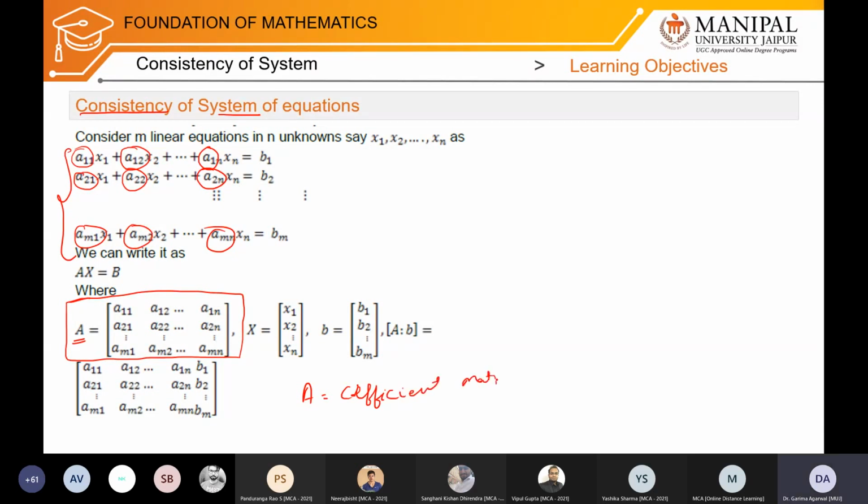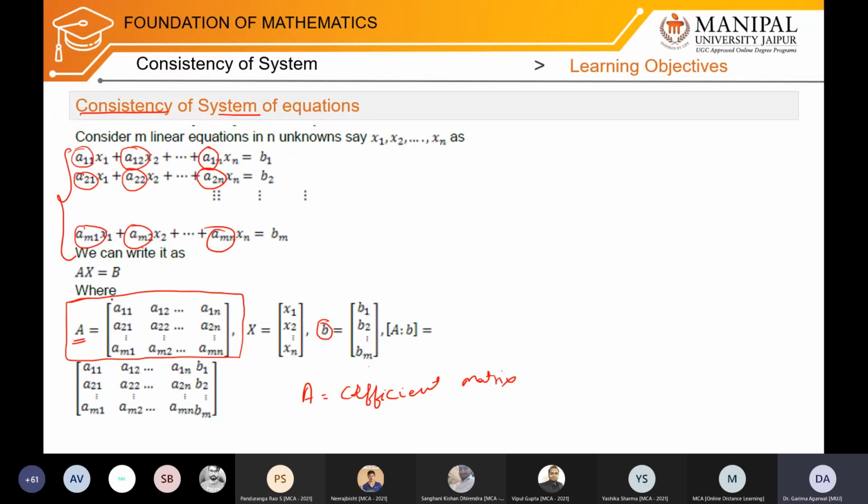Why coefficient matrix? Because these terms are coefficients of variable x, right? Then all the variables x1, x2 up to xn, we write in a column matrix, and the right hand side constants in a different column matrix denoted by B, right?